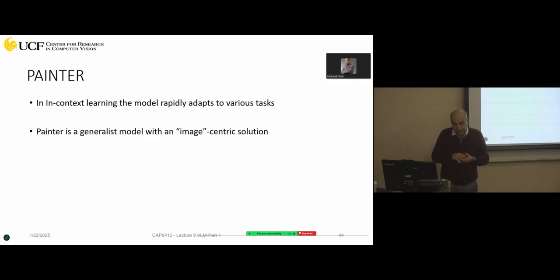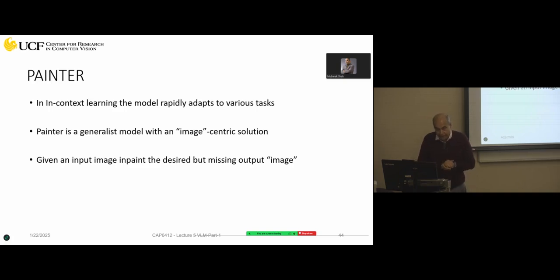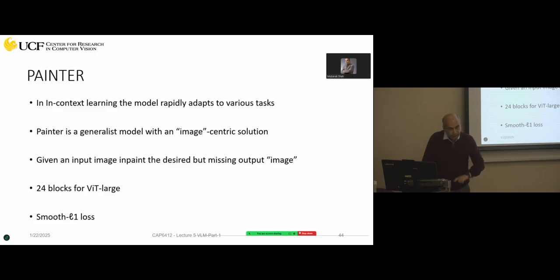Painter is an image-centric solution model: given an input image, it inpaints the desired but missing output image. They use ViT-Large, and then a very simple L1 loss.